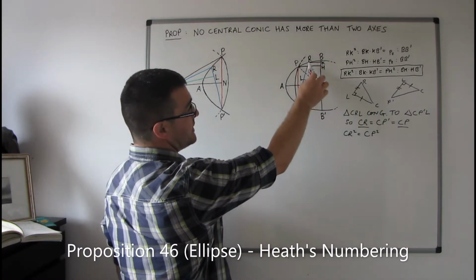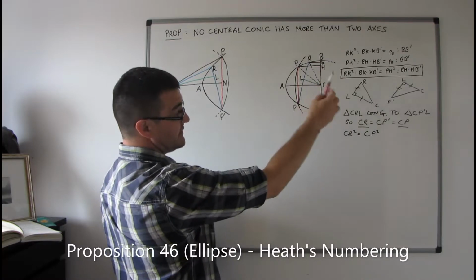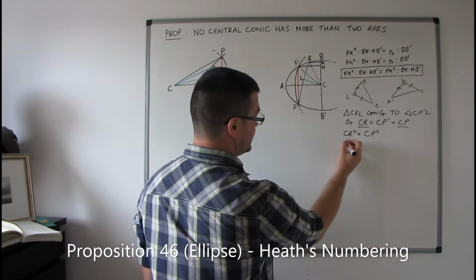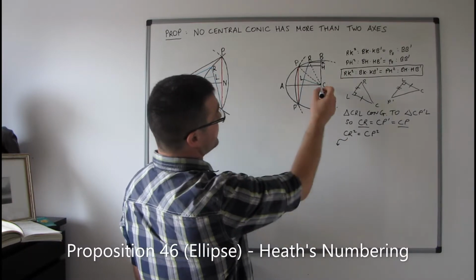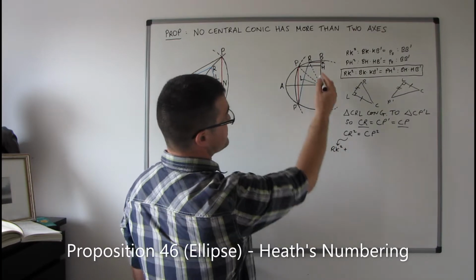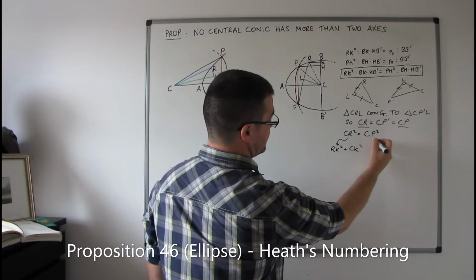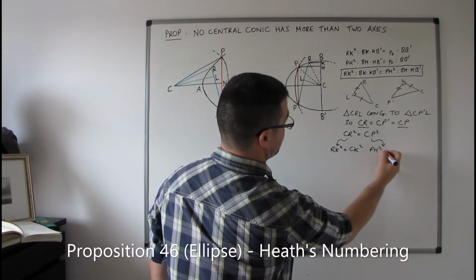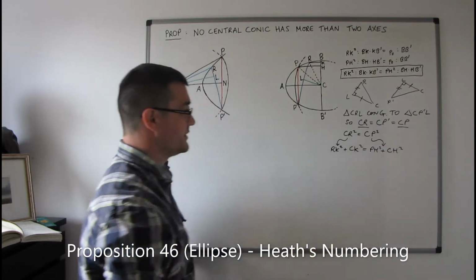But CR is the hypotenuse of the right angle triangle, obviously, CRK. So therefore, CR squared is equal to RK squared plus CK squared, and CP squared is equal to PH squared plus CH squared. So they're equal to one another.